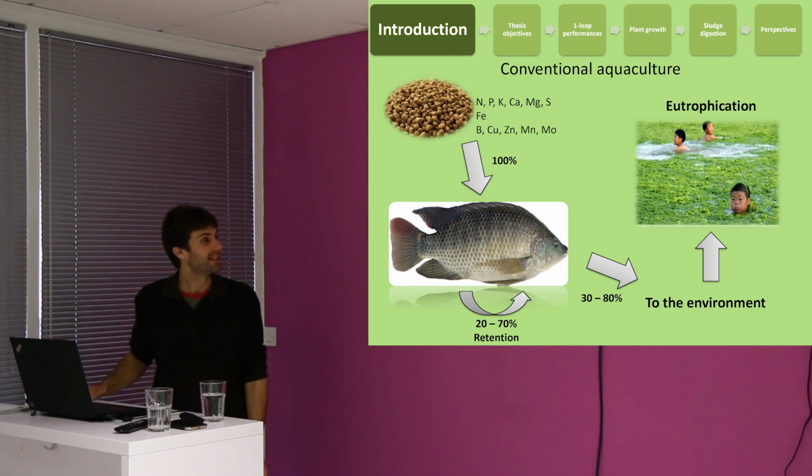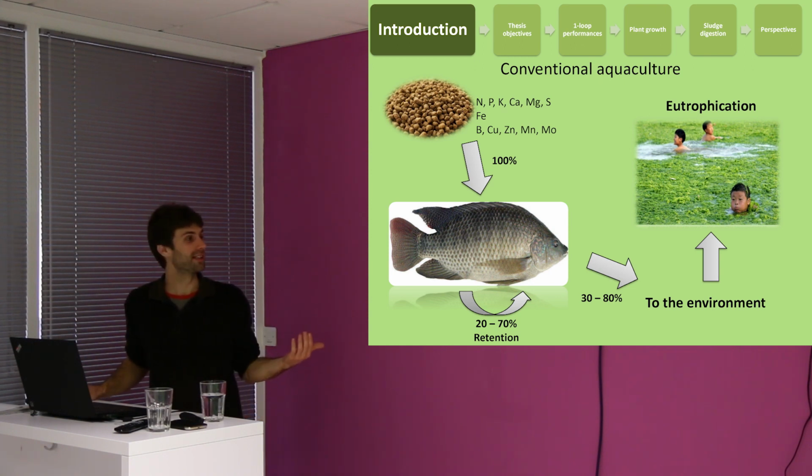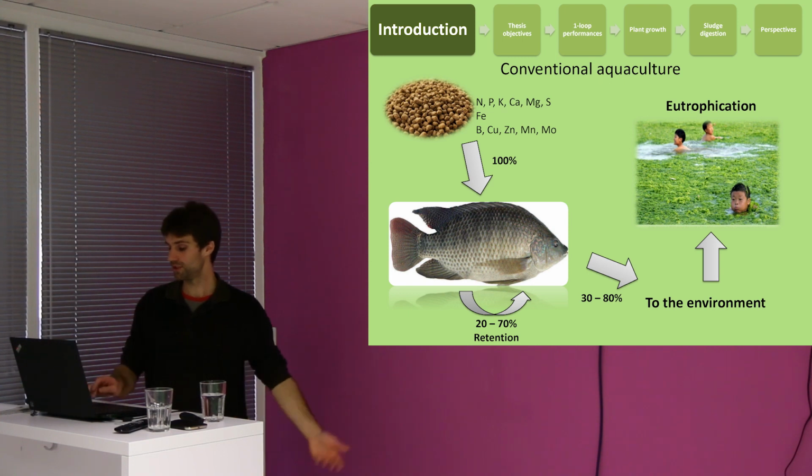But we know that the fish don't assimilate everything. So most of the things, like 30 to 80% of these nutrients, are released in the environment. So we have eutrophication problem. So aquaponics wants to address this.